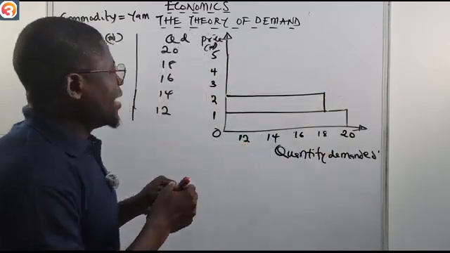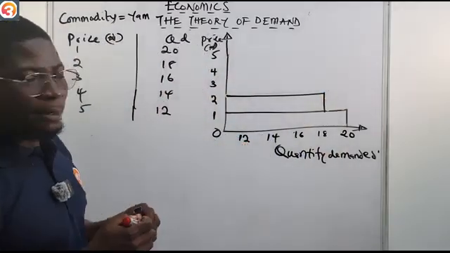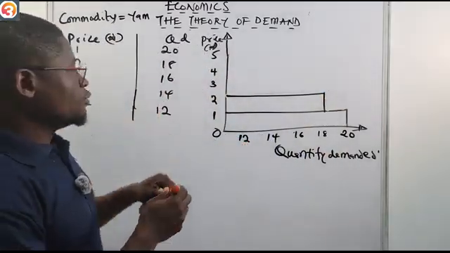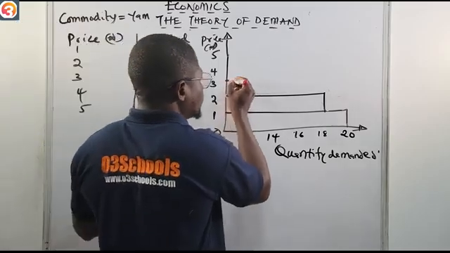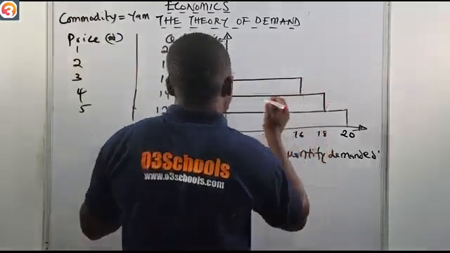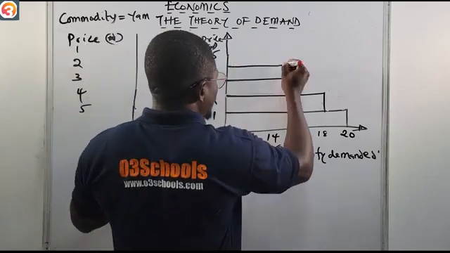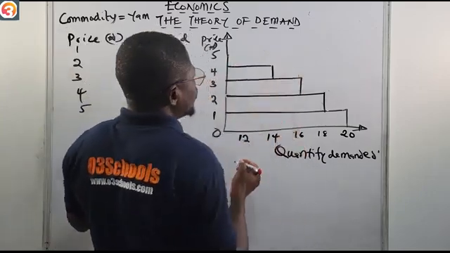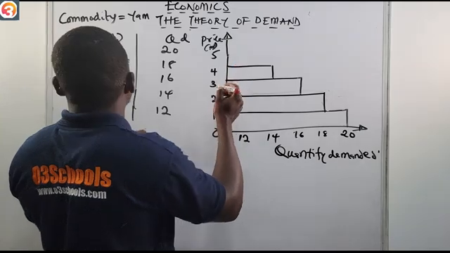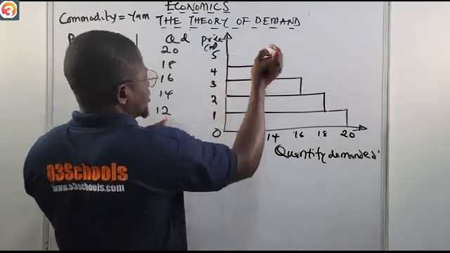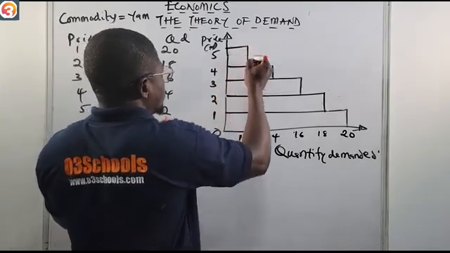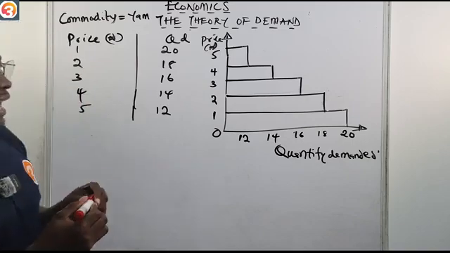Now, when the price went further to 3 naira, how many units were demanded? 16 units. When price was 4 naira, the quantity demanded was 14 units. When price was 5 naira, they demanded 12 units. So now this is our graph.